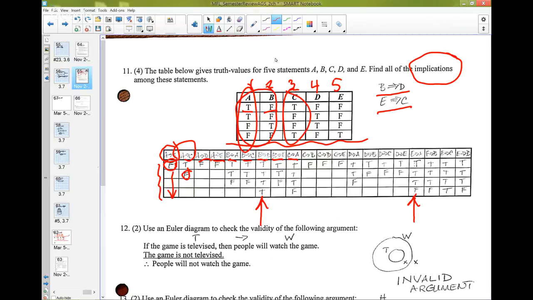What did the one in the book have? I think they had 3, didn't they? Yeah, on page 176 is their version of this. It's number 18, and their table has just A, B, and C. So they gave you 3 statements, so it wouldn't have taken up so many columns.